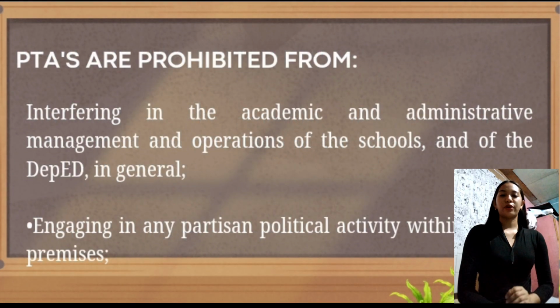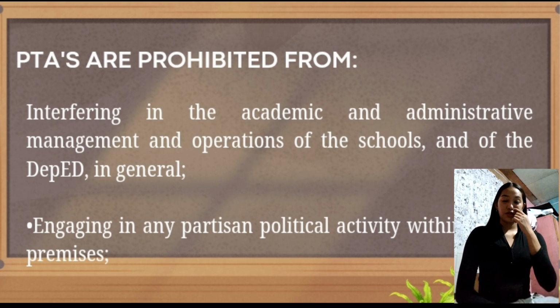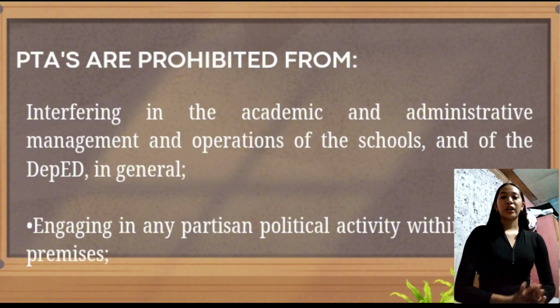First is interfering in the academic and administrative management and the operations of the schools and of the DepEd in general. So this means that the PTA, or the Parent and Teacher Association, is not allowed to control or take over the work of the school leaders and also the Department of Education.